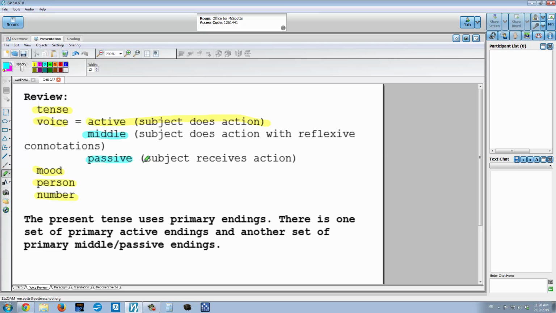In the passive voice, though, the subject receives the action. So let's change the subject to the baseball and make the baseball receive the action. The baseball is being thrown, or the baseball is thrown. And if we want to specify who's doing it, we might say something like, by me. So there's the passive. The subject of the sentence is receiving the action rather than the subject doing the action.